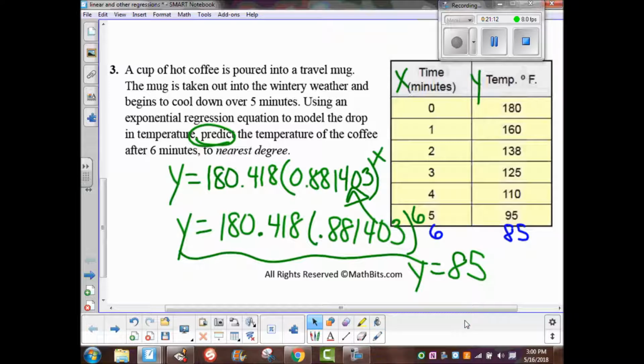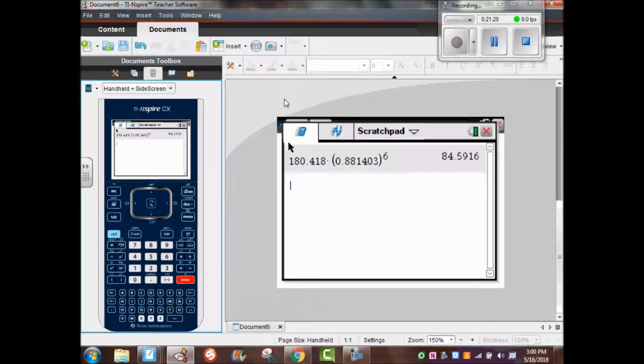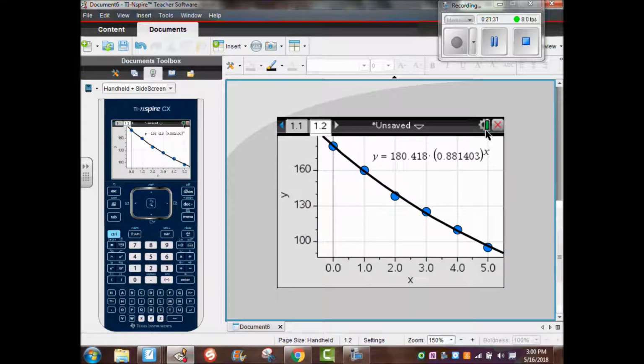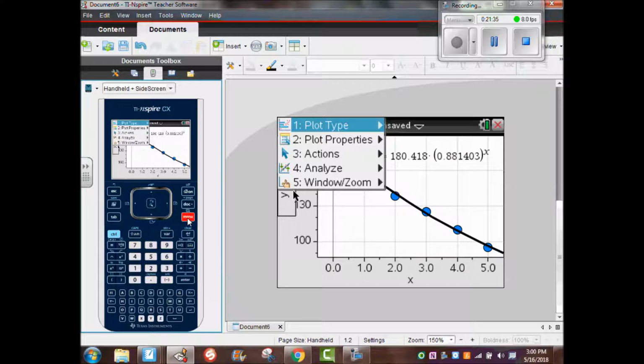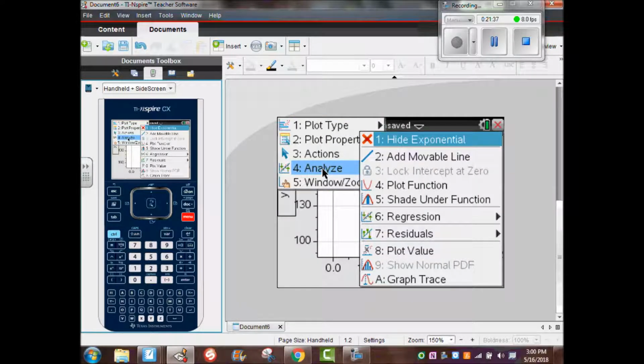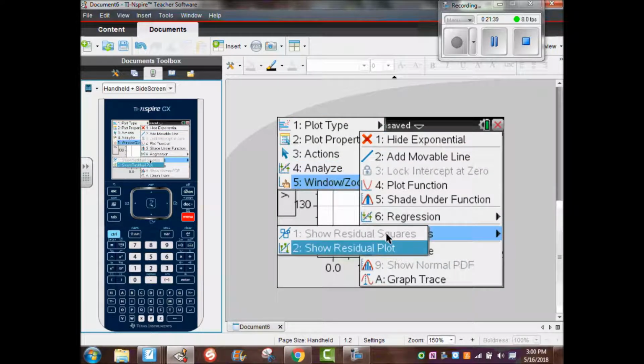So let's see. Is exponential a good model given this data? How can I determine if exponential is a good model? What do I use? The residual plot, yeah. So back in our calculator, I'm going to X out of that. So now I've got to go to menu, analyze, residuals, residual plot.